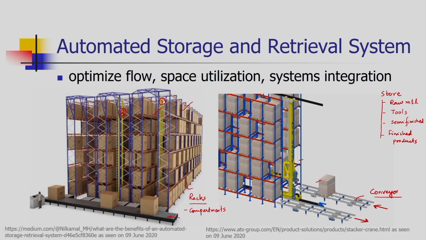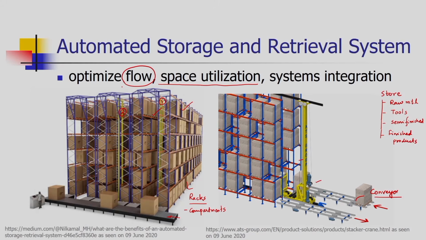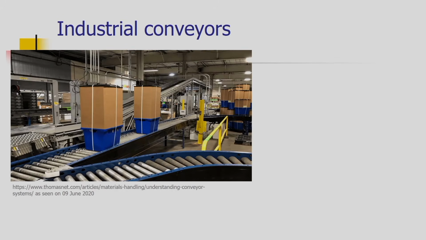So, automated storage and retrieval systems are helping us with efficient space utilization, and they are providing us the optimized flow of the commodities inside the system. You can see here that by using the automated storage and retrieval system, you can utilize the vertical space inside the factory.